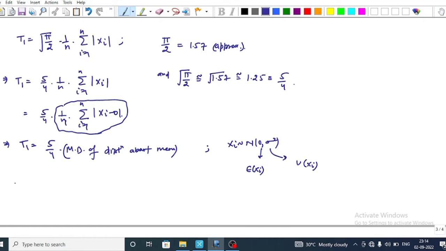Now in a normal distribution, we have a well-defined result, that is mean deviation about mean equals to 4 upon 5 sigma.